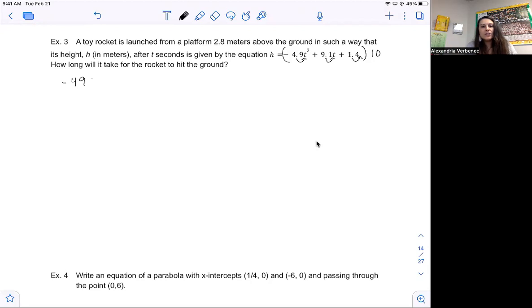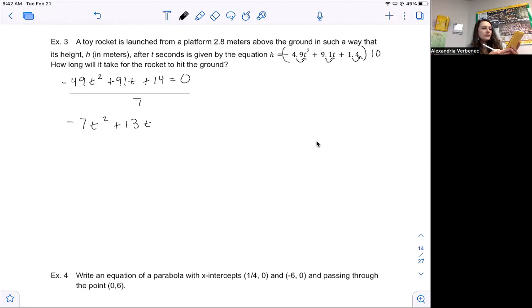I think that there is a GCF on this problem of at least 7. So I'm going to test this out. 49 divides by 7, 91 divides by 7, and 14 divides by 7. So I am now going to divide all of these numbers by 7 to get, you can do it on your calculator again if you want, negative 49 divided by 7 is negative 7t squared. 91 divided by 7 is positive 13t.